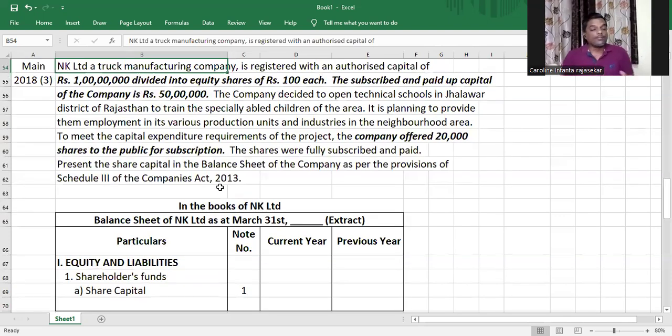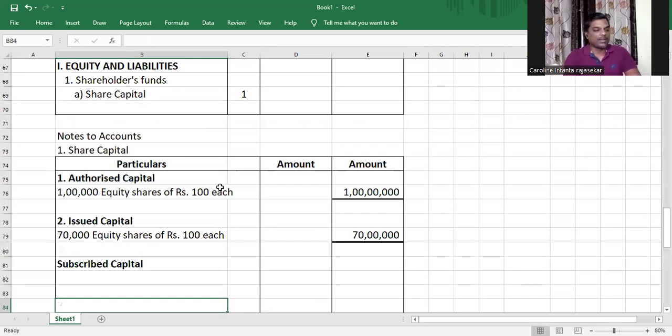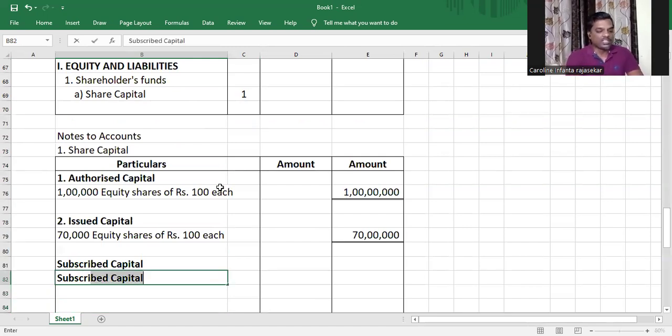Anyway, now moving forward, we also have to write the subscribed capital. Now, subscribed can be subscribed and fully paid up, or subscribed but not fully paid up. Subscribed and fully paid up is only possible if it is fully called up. They've clearly told in the question the shares were fully subscribed and paid. Fully subscribed and fully paid up. They themselves have given it. You don't even have to think. Under subscribed capital, you directly write subscribed and fully paid up.